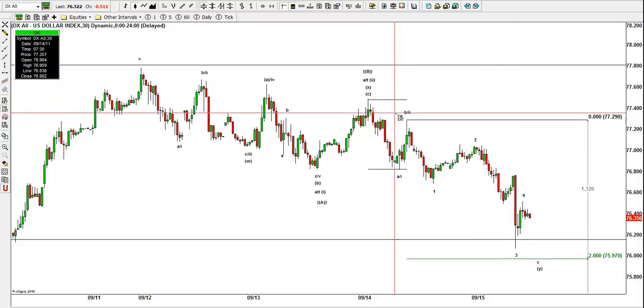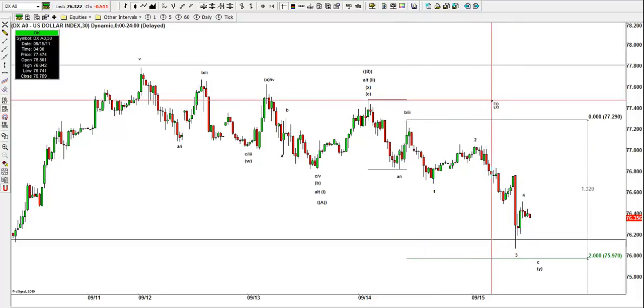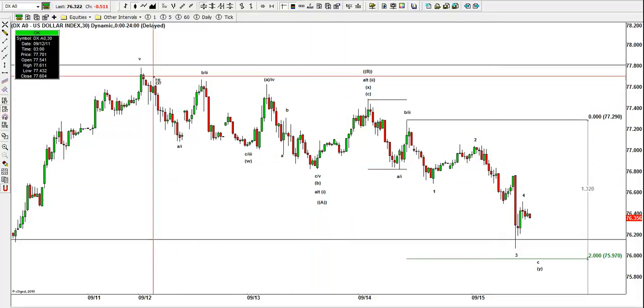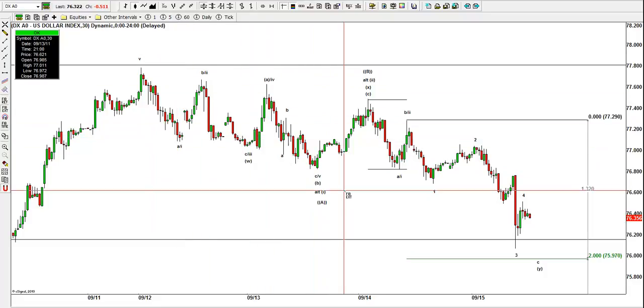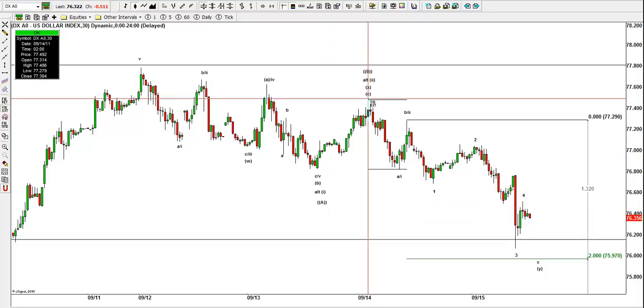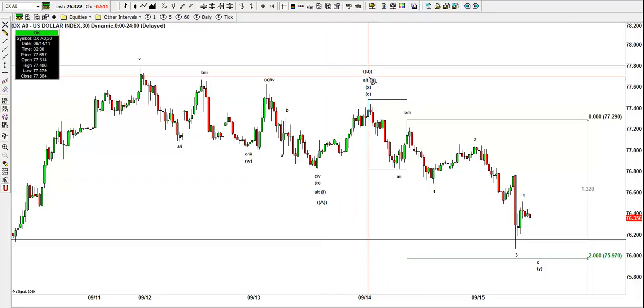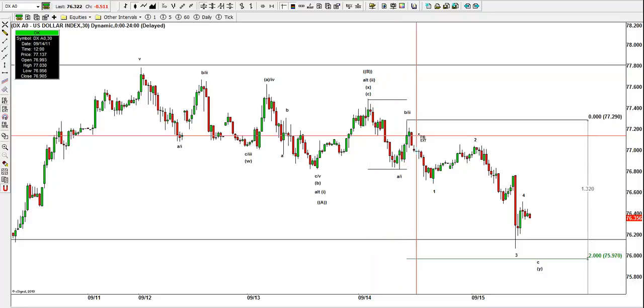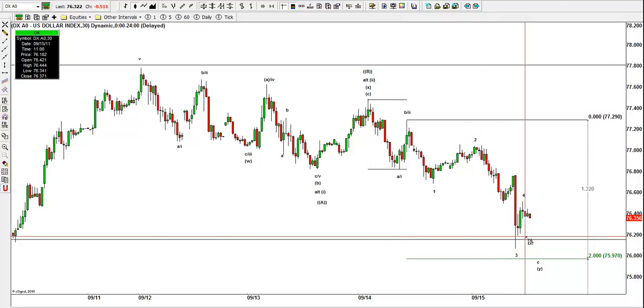Well, the market denied that, but the worst part of the denying is that we know that onto here we can call 1, 2, 3, 4, 5, and then this is A, and we got 3 back, this is B. A can be 1, B can be 2 also, and then what happened? We can be in for more weakness on the US dollar.